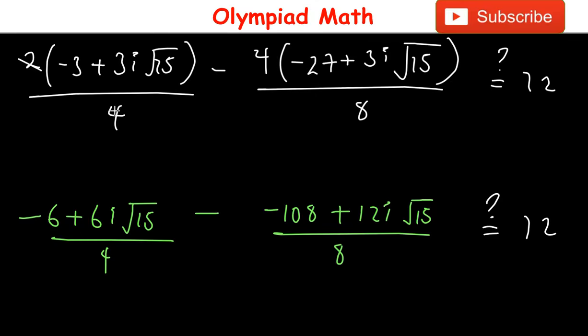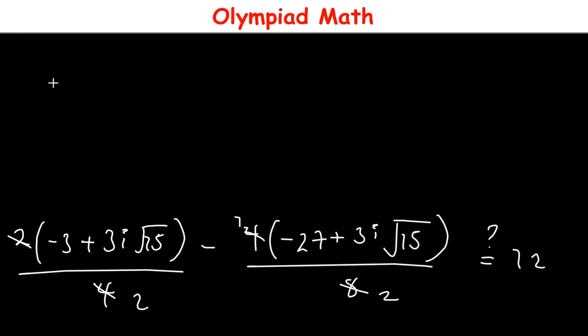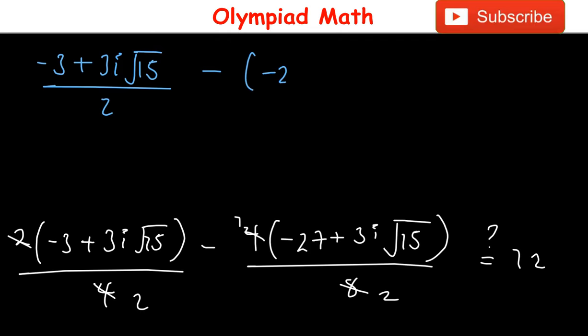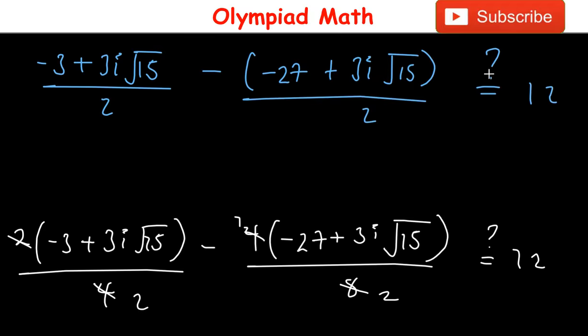So 2 here we have 2, 4 here 1, 4 we divide 8, we also have 2, such that with this we have the given equation. We have minus 3 plus 3i times square root of 15 all over 2, then minus in brackets minus 27, then plus 3i times square root of 15 divided by 2, and with this equal 12 question mark.